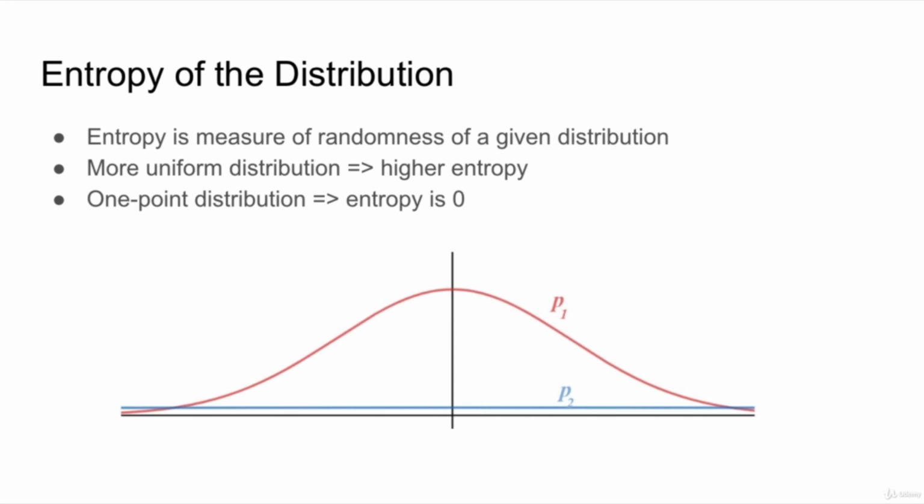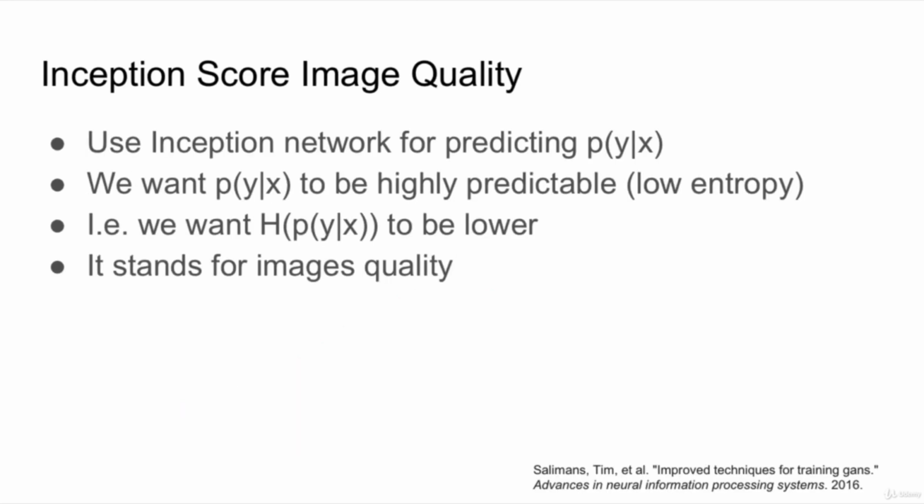It means that the more the distribution is uniform, the higher will be the entropy. And vice versa. If the distribution is concentrated in one point, it will have the smallest entropy, 0. As you can see on the slide, the entropy of P2 distribution will be higher since it is uniform. The distribution P1 is more concentrated.